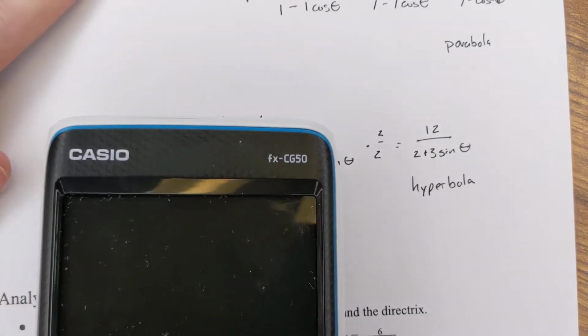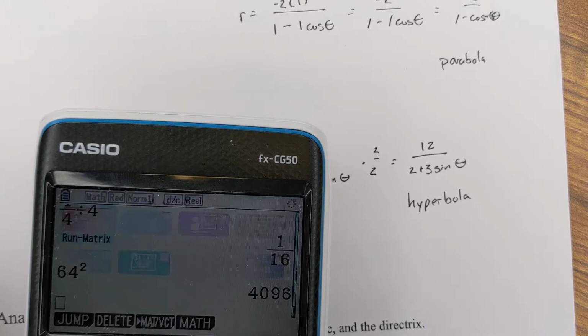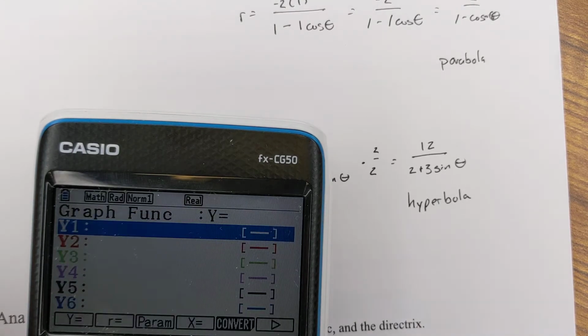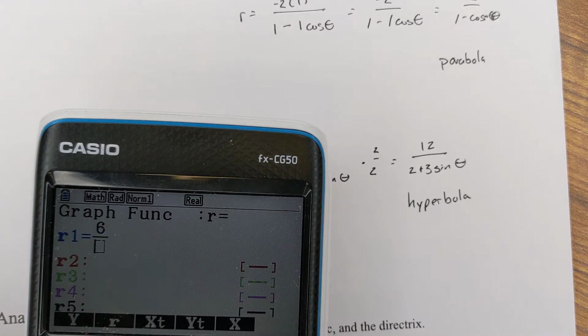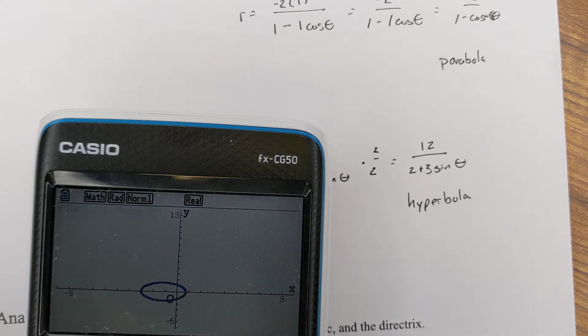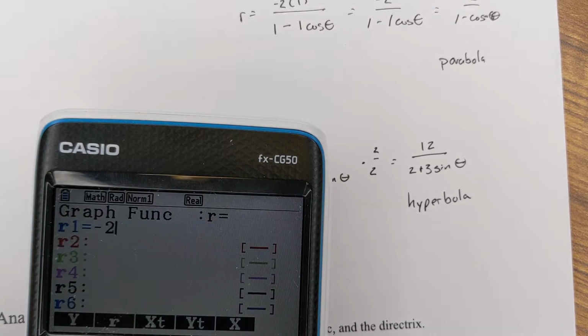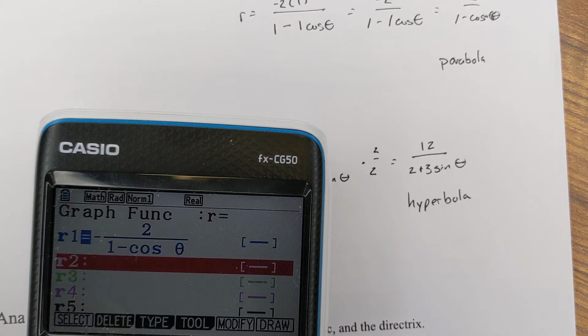Let's see if I can get them to graph. I'm not going to draw by hand. Make sure we're in radian mode. Go to the graph and change the type to r equals. Let's try 6 over 5 plus 3 cos theta. There's my ellipse. Now the second one, negative 2 over 1 minus cos theta.